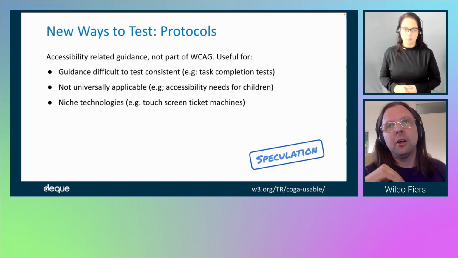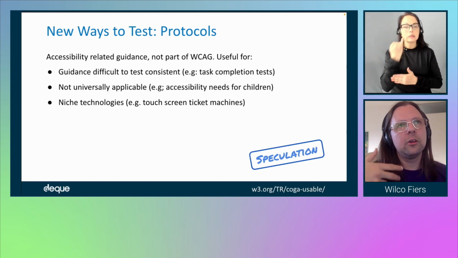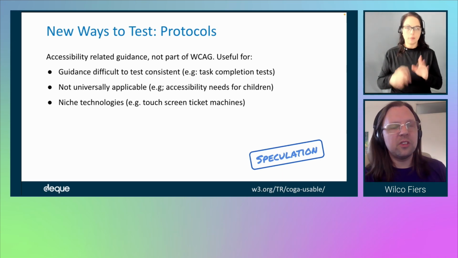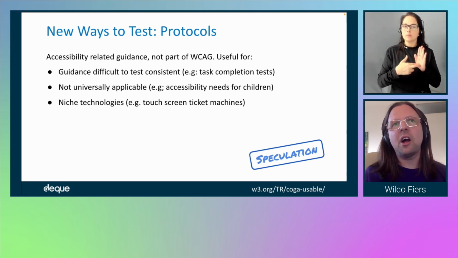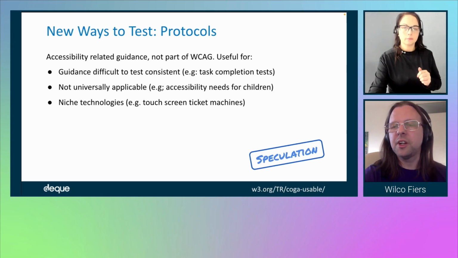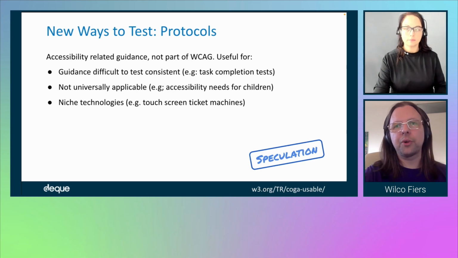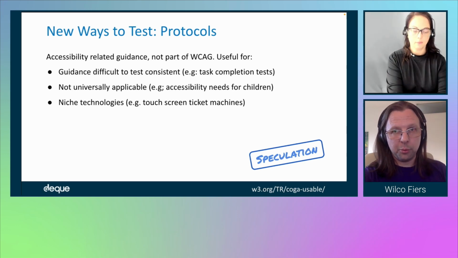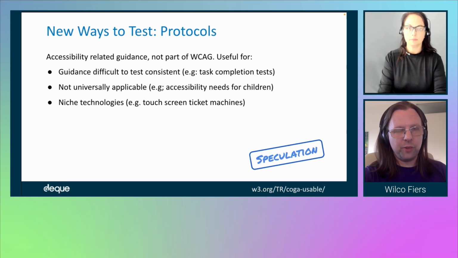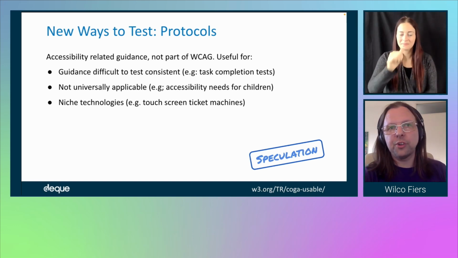Protocols is an idea of what this new testing may look like. And a protocol is essentially guidance that sits outside of WCAG. So it wouldn't be part of the WCAG guidance itself. It's things that you can adopt for your website that you can incorporate into the WCAG conformance model, but it isn't essentially part of WCAG. There are reasons for that.